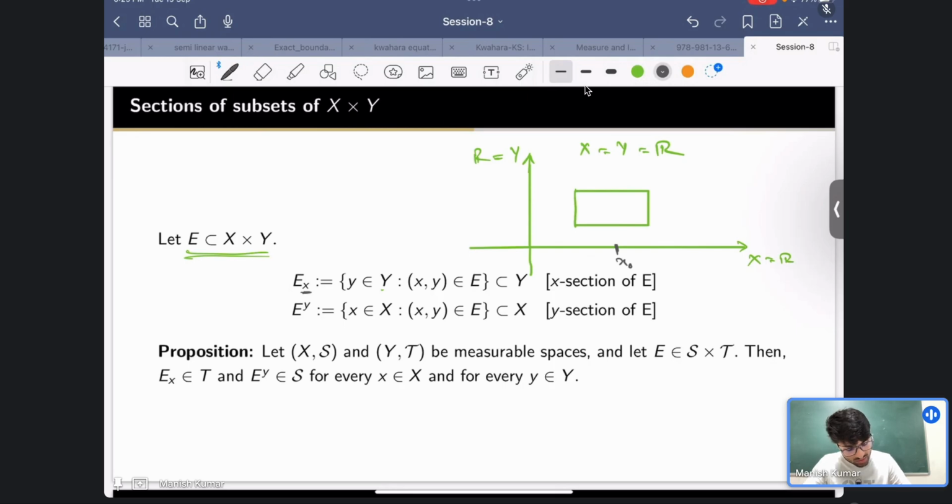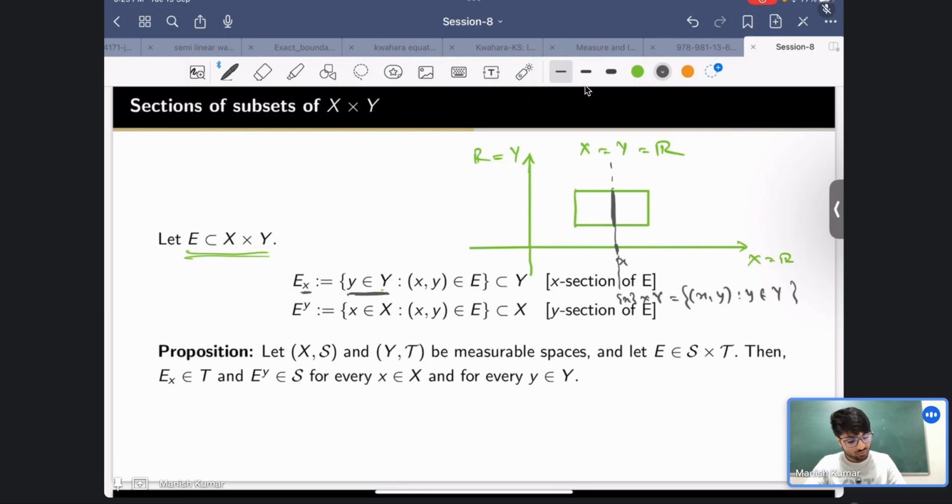So now when you fix this x, this is the line, right? So this line is nothing but {x} cross Y, which is (x, y) where y belongs to capital Y. Now they are saying you don't have to consider all the points y, you have to consider points in Y such that (x, y) belongs to E, and that would be nothing but this thing, right?